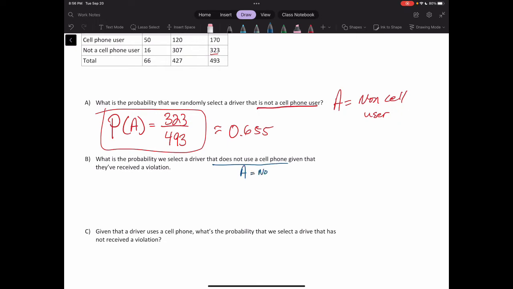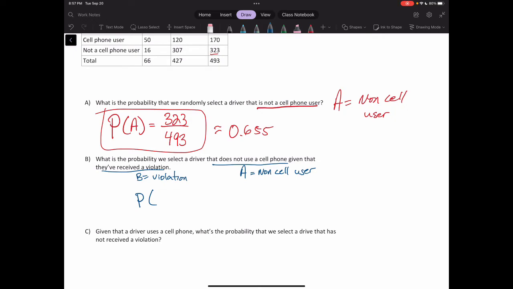So A is non-cell user. And event B is that they received a violation. And so what we need to calculate here is the probability that we select a driver that does not use a cell phone given that they've received a violation. So this is a conditional probability.